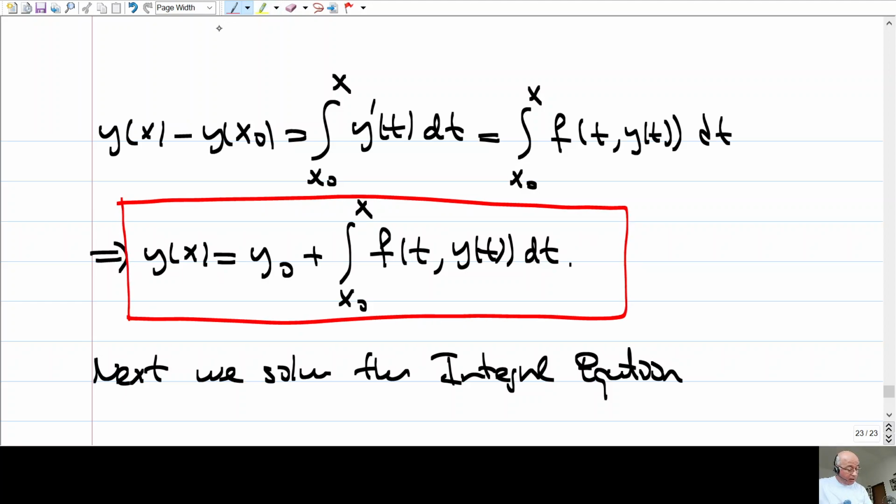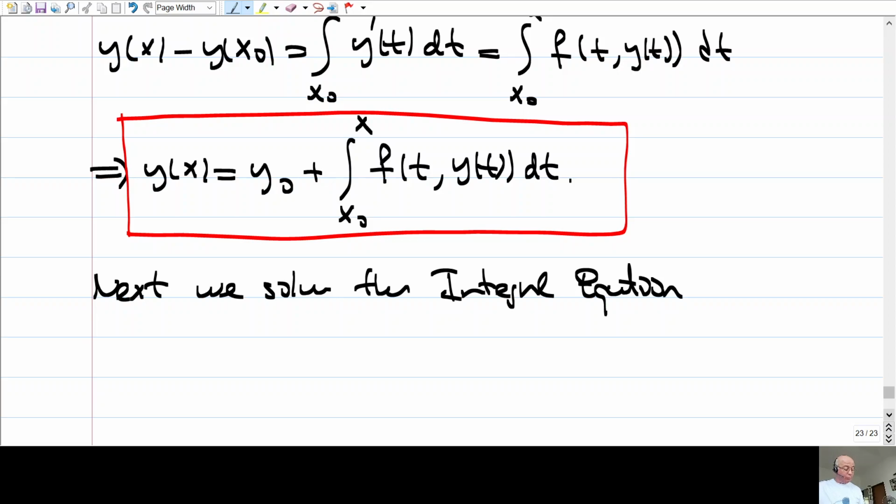How? Well, we use so-called Picard's iterates. The idea of Picard's is the following. You see, I have y here and y here, so it is not easy to solve. What Picard did, he regarded these two y's as different y's.